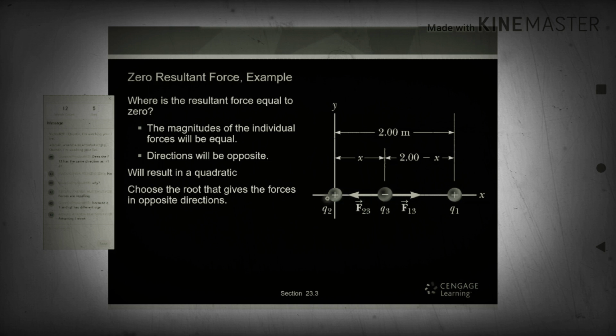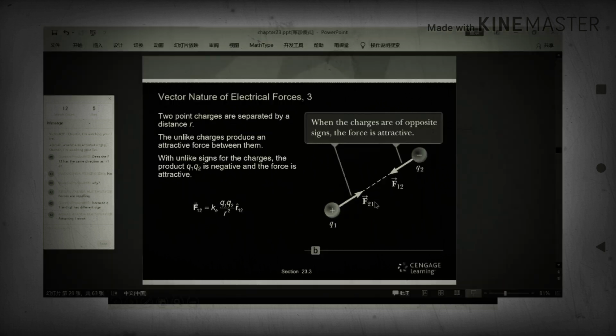If Q1 and Q2 are different in magnitude, then what's the x? Can we calculate the x by Coulomb's law? How do we calculate by Coulomb's law?